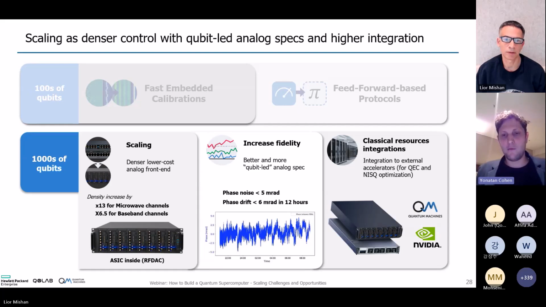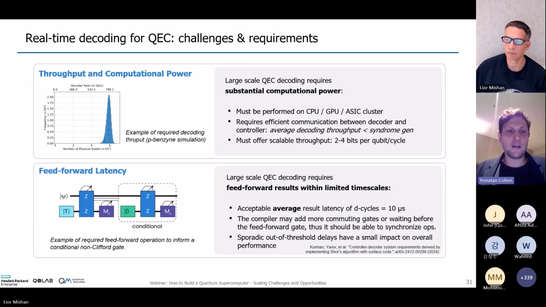And finally, with the work we're doing also with NVIDIA, integrating to HPC, we created a low latency link between the control system and the NVIDIA Grace Hopper platform. So here we made this link based on very deep analysis.